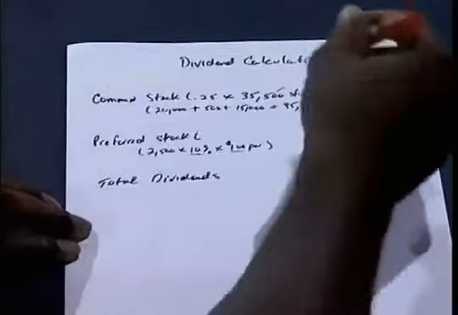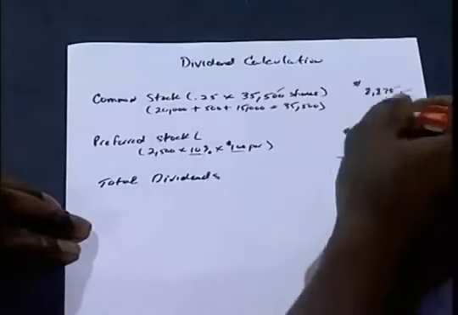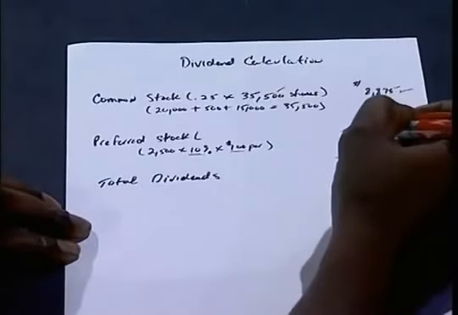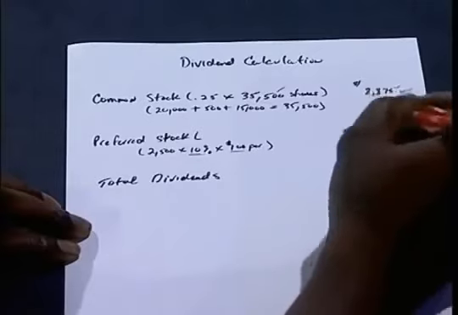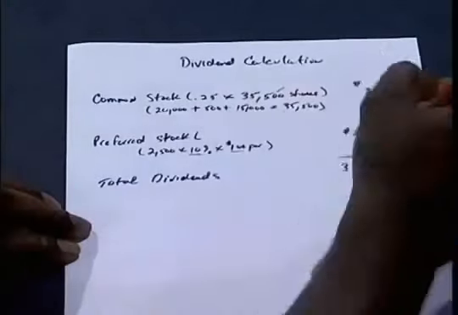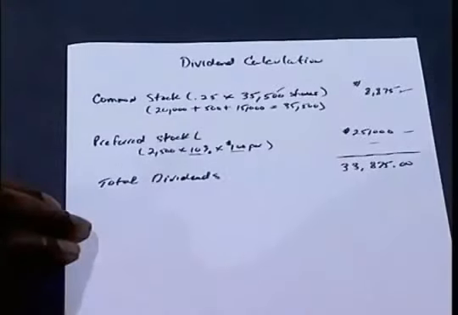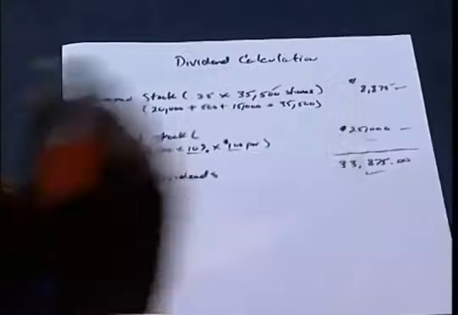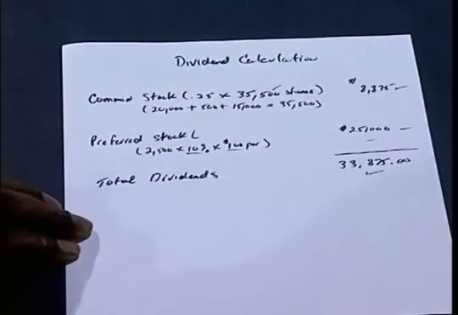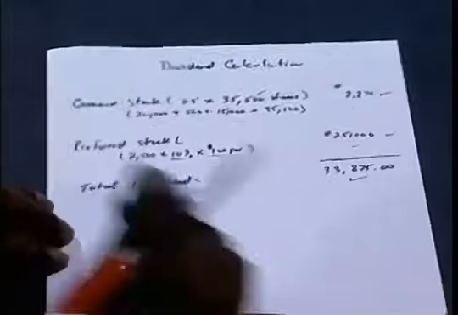Of course, if we didn't have enough money to pay, preferred would be the only one that would be getting dividends. But in this case, we can pay common and preferred. So the total dividends came up to $33,875.